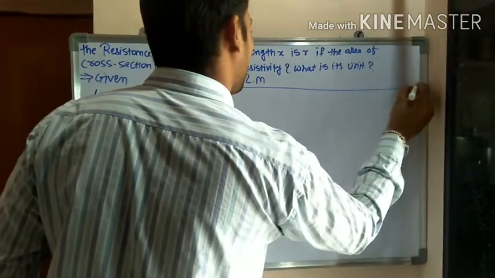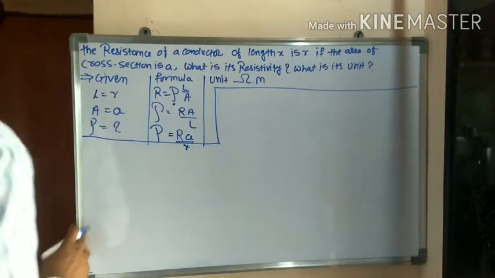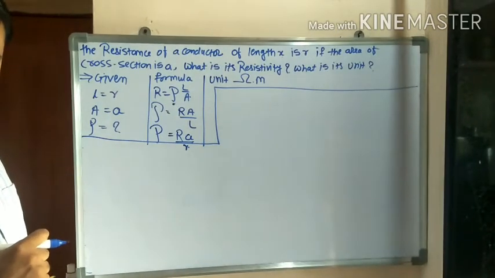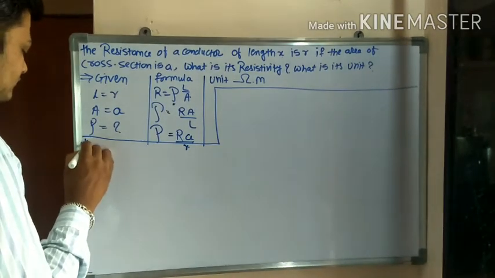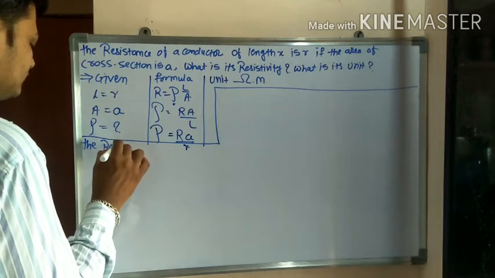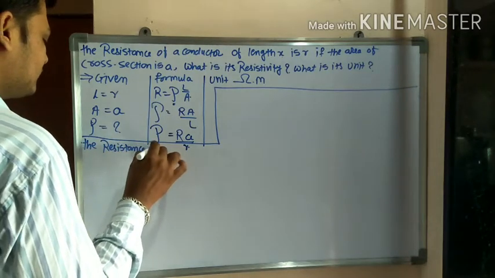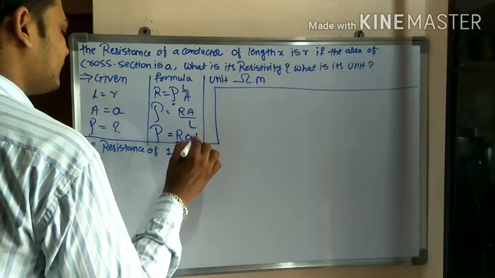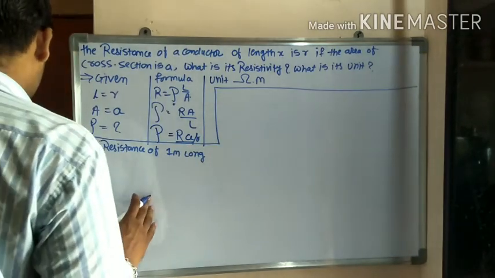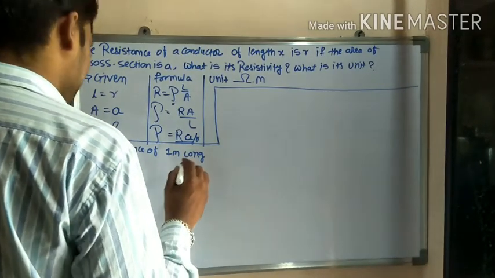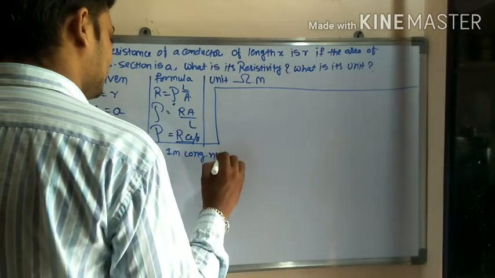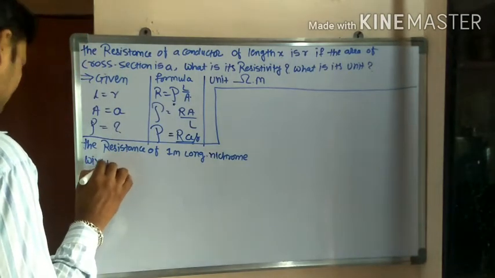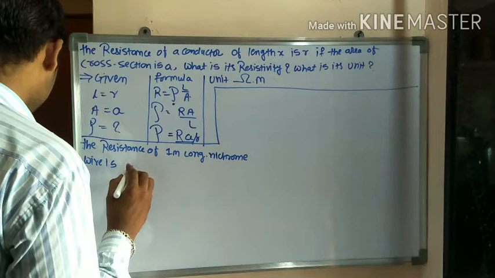Okay students, now the second one. The second one is also like this: the resistance of a 1 meter long nichrome wire is 6 ohm.